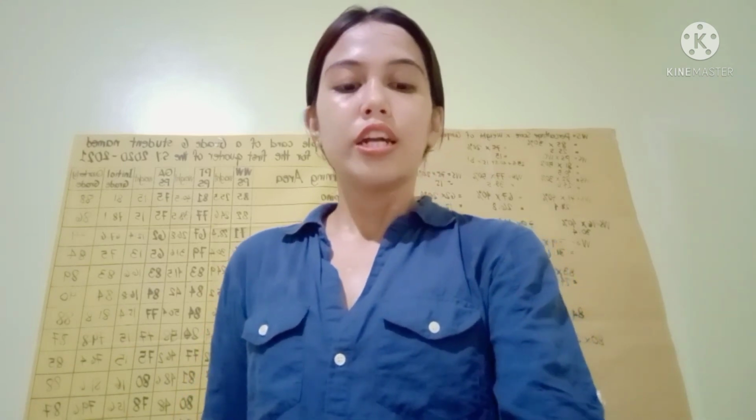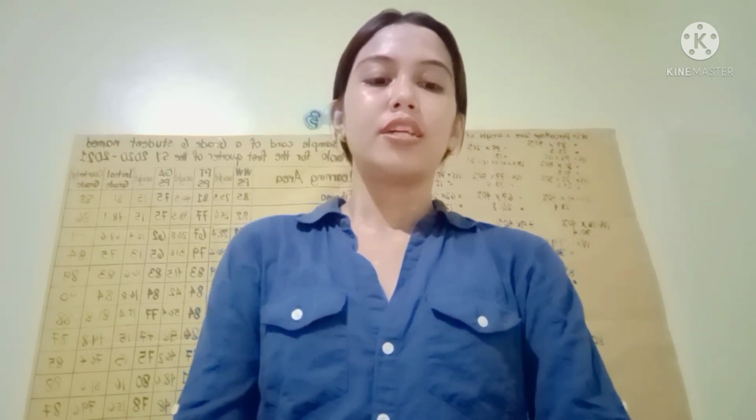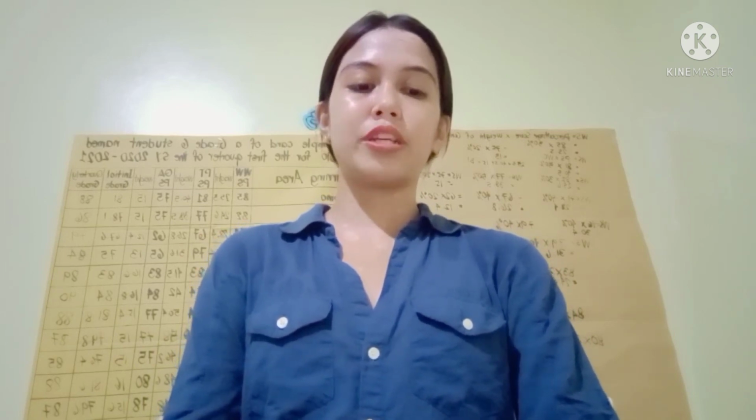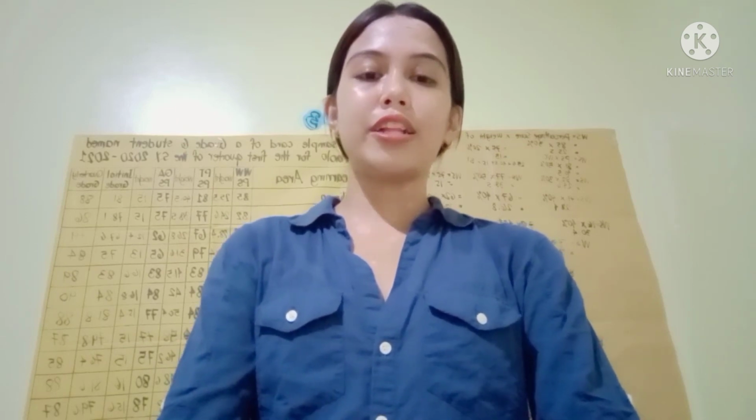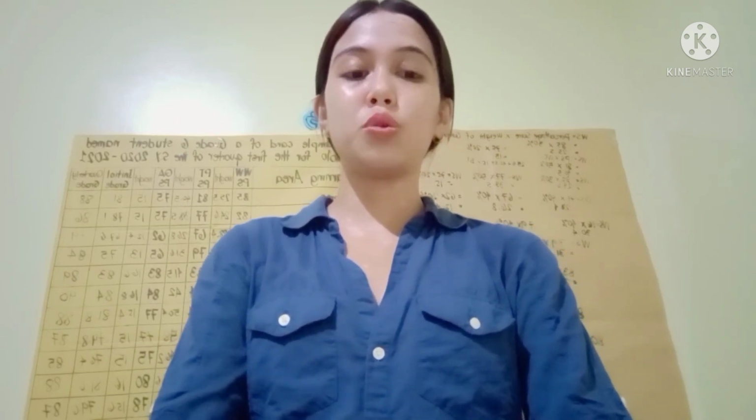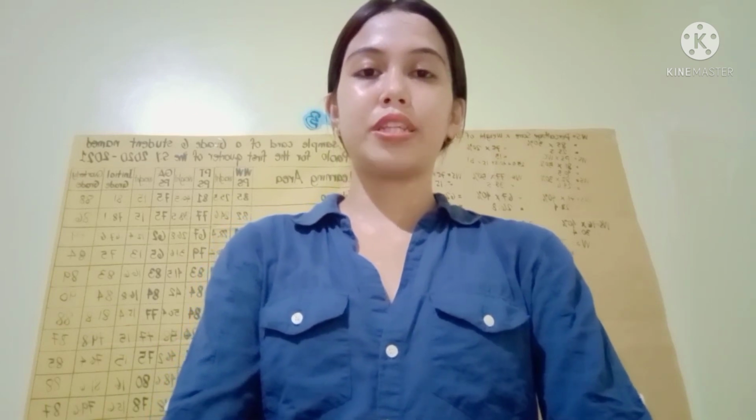Next question: in which learning area does Paulo need to improve? Why? Paulo needs to improve in the area of mathematics. His overall percentage in the written works, performance task, and quarterly assessment are very low. He needs to develop his critical thinking in order to have a positive concept and confidence in his ability to learn and understand mathematics.